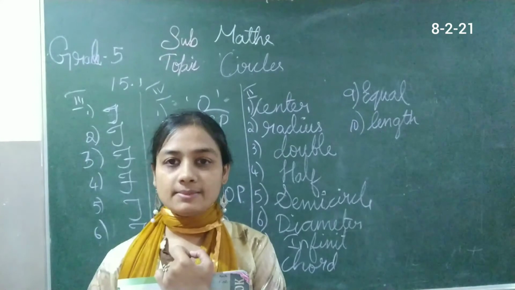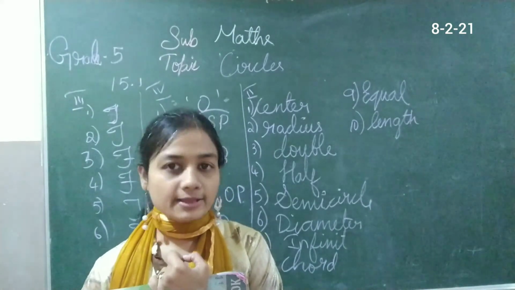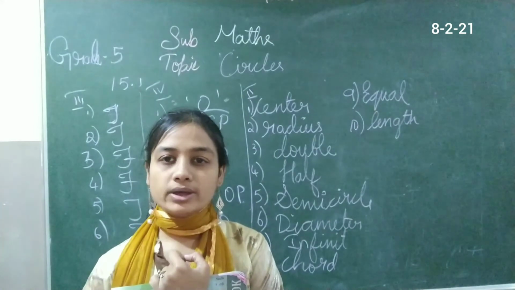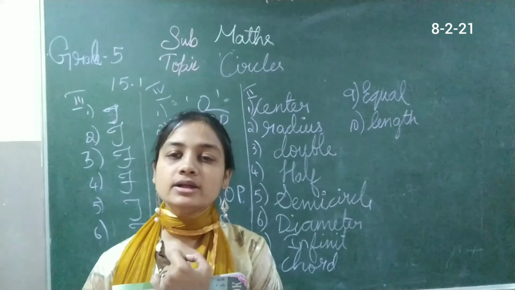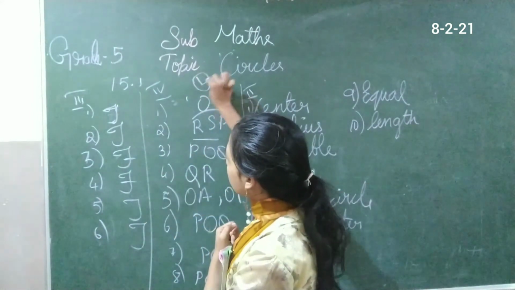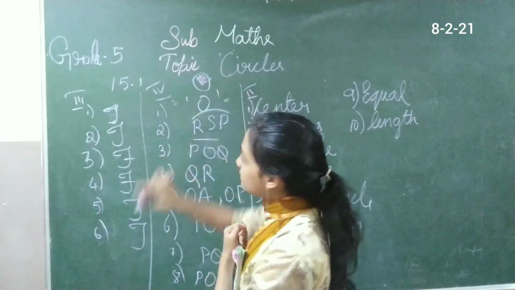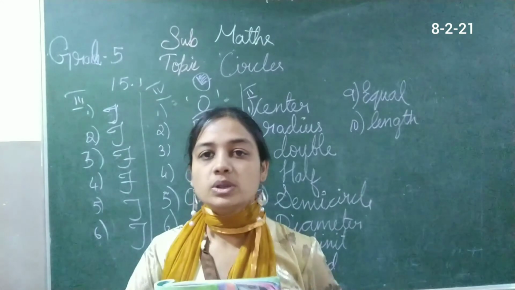We learned semicircle, half circle. You also learned about the segments. You also learned about the quadrants. Quadrants means the part which is inside two radius. When you have a circle and two radius, the part inside is called a quadrant. So this is all you learned in this video, children.